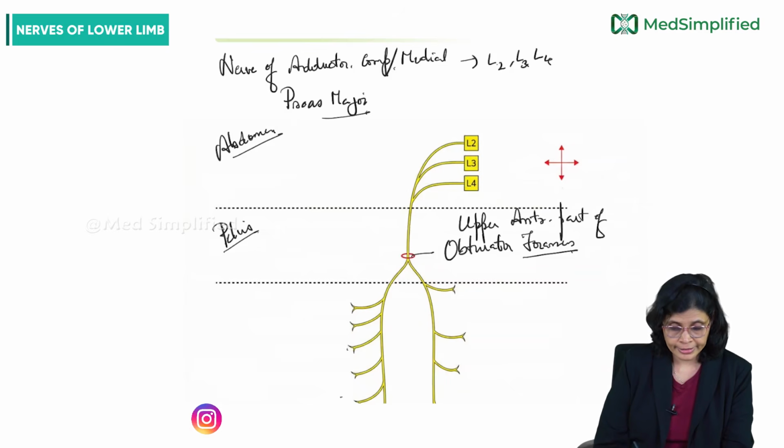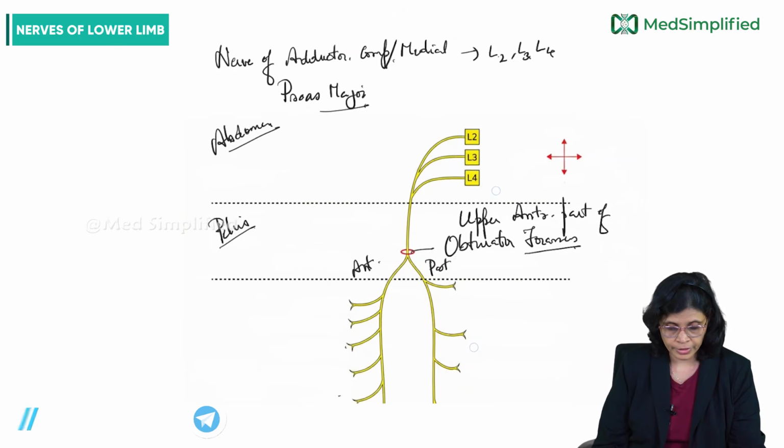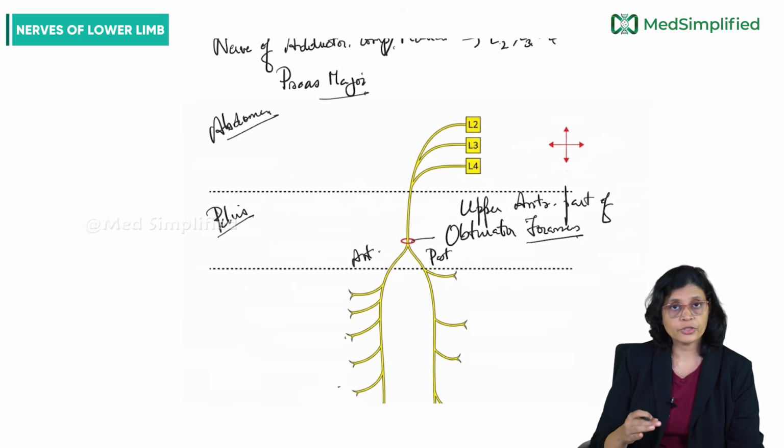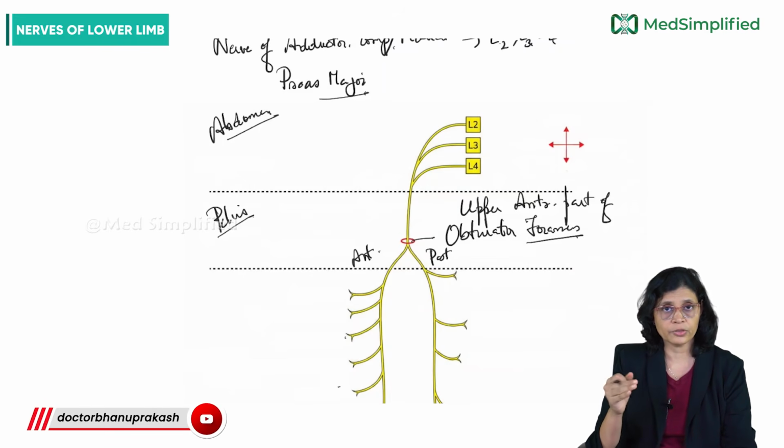Near the obturator foramen, it divides into an anterior and a posterior division. These two divisions straddle the adductor brevis muscle, the anterior division in front and the posterior division behind.